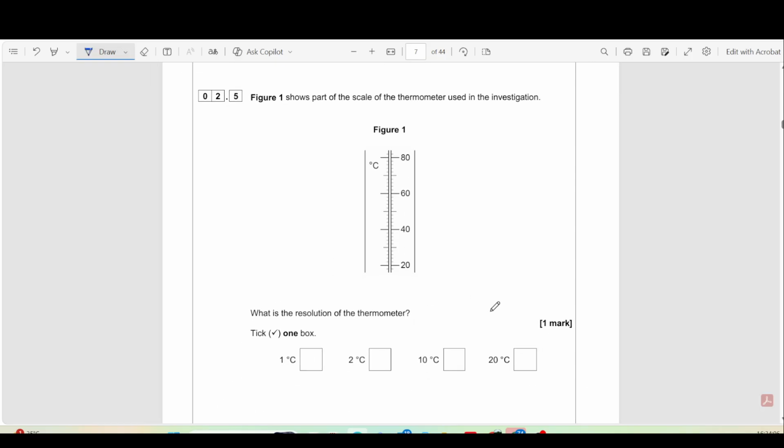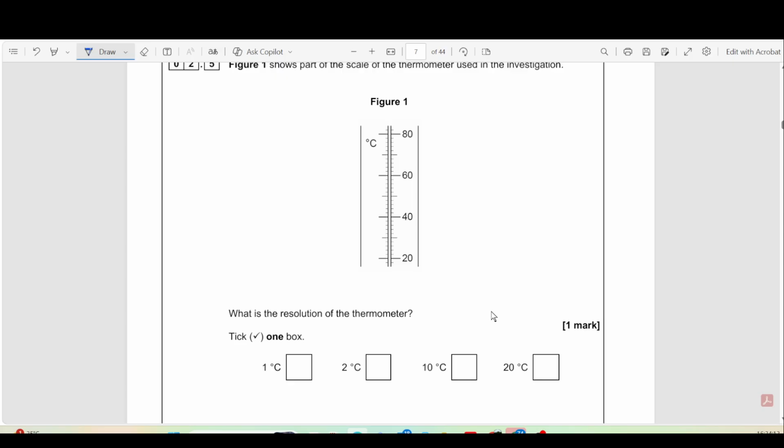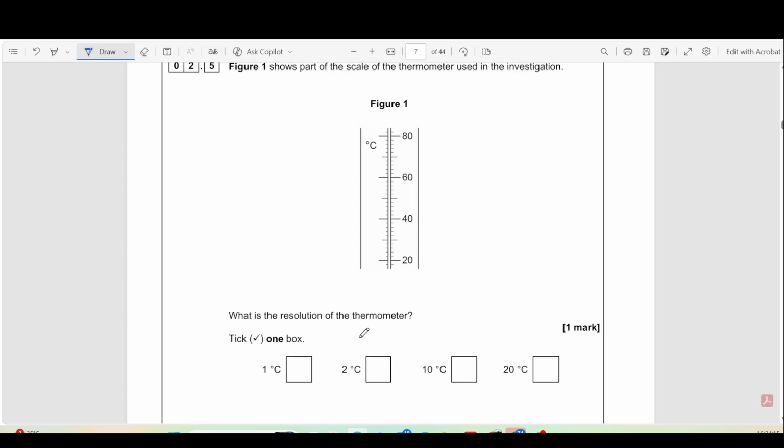Okay, let's see the next question. There is a figure which is showing part of the scale of a thermometer used in the investigation. What is the resolution of the thermometer? So how do we find resolution? First, we identify the interval. So if you see these small divisions, first you have to find the value of the smallest division on the scale.